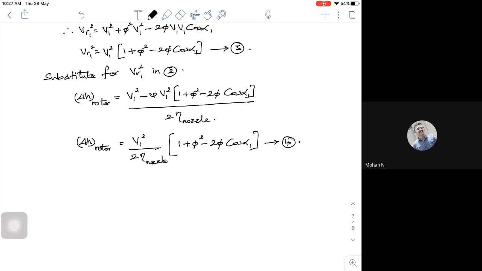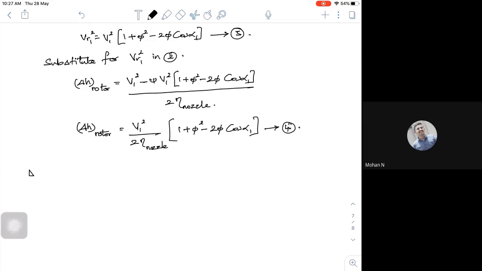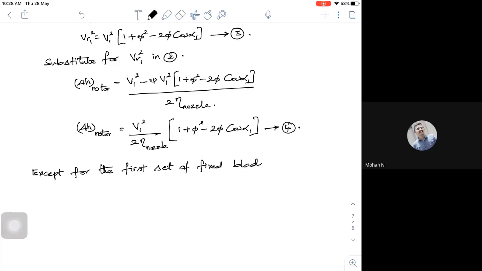Except for the first stage, where we have a nozzle, except for the first set of fixed blades, the subsequent fixed blades, I'm speaking of only fixed blades, will have a similar gain in kinetic energy.